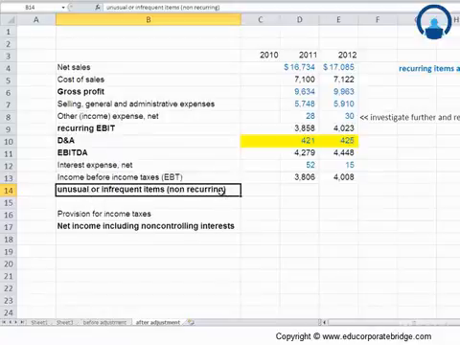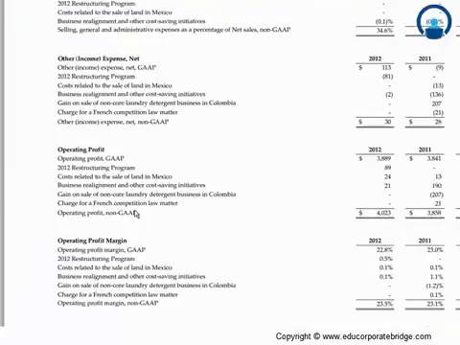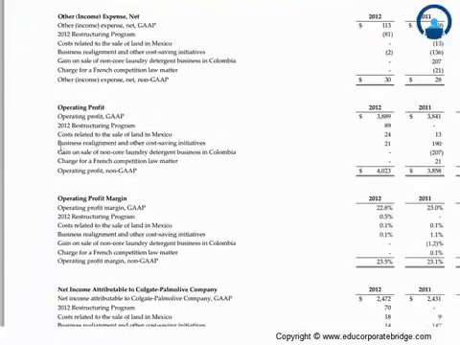Let's go back to the PDF that we had. The total amount that was deducted was basically the sum total of these items which were given in the operating profit. 2012 restructuring charges of 89, 24 related to the sale of land, and 21 related to the business realignment when we were discussing 2012.